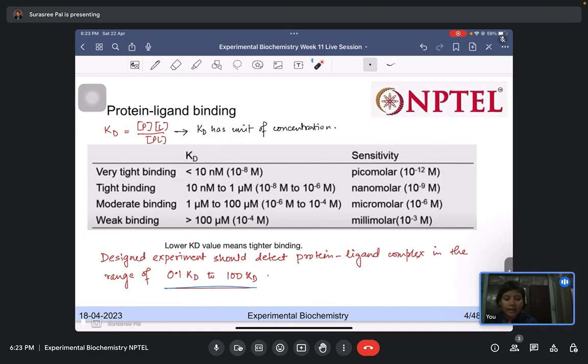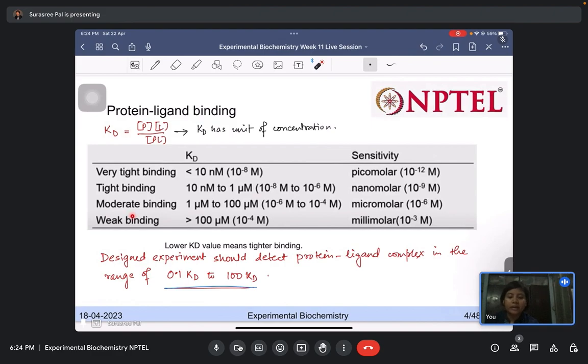A lower Kd value means tighter binding. So when the binding of the protein and the ligand is very tight, the Kd will be in the nanomolar range, less than 10 nanomolar. In case of tight binding, the Kd value can range from nanomolar to 1 micromolar.